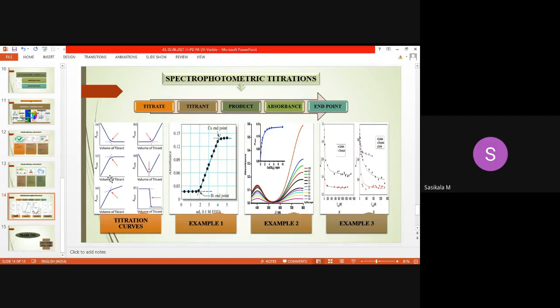This is how spectrometric titrations are performed: the titrate is your analyte, the titrant is of known concentration, the product is formed, and you need to find the absorbance for the titrate and titrant reaction. Once the reaction is over, it has reached the particular endpoint. That is monitored through absorbance versus volume of titrant added, and at the endpoint you will find the deflection when plotting the readings in the graph. So this is called spectrometric titrations, since it is analyzed with absorbance.